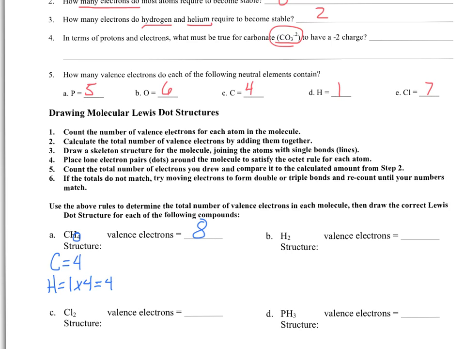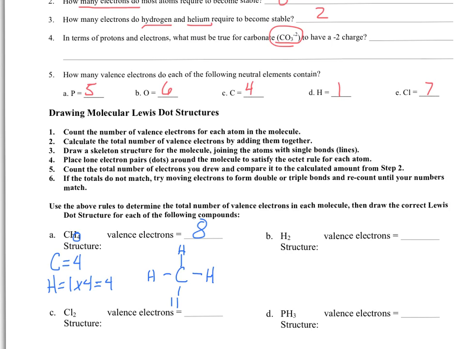Next, we're going to draw a skeleton of the molecule. For the most part, anything that is listed as just having one of something is our central atom. So in this case, we're going to put C in the middle, and then we are going to join it to the other atoms, the 4 hydrogens, with single bonds, and those are just drawn with lines.